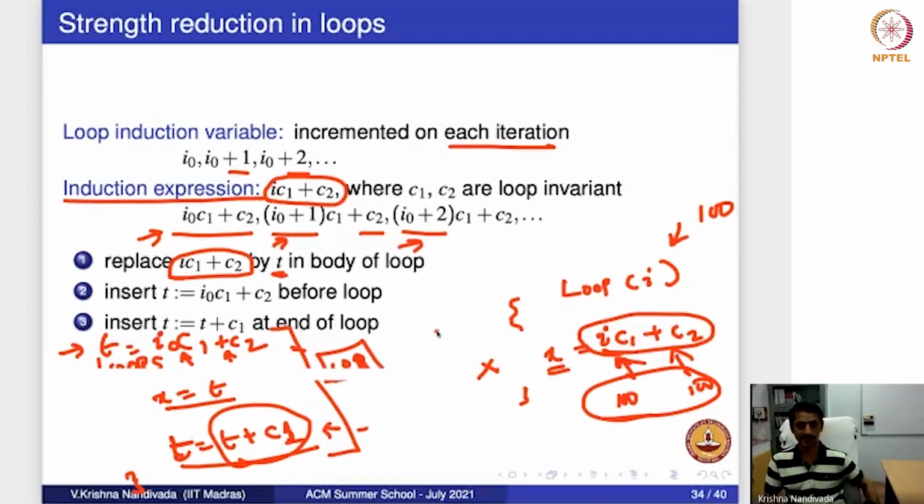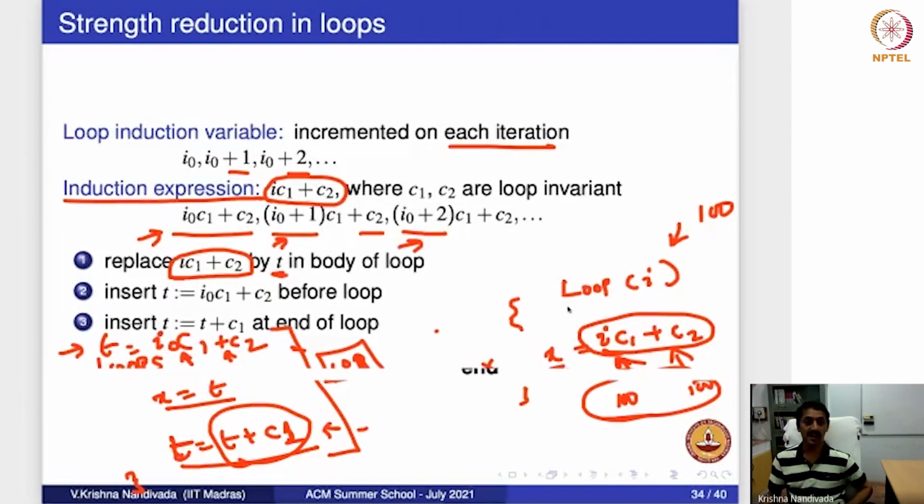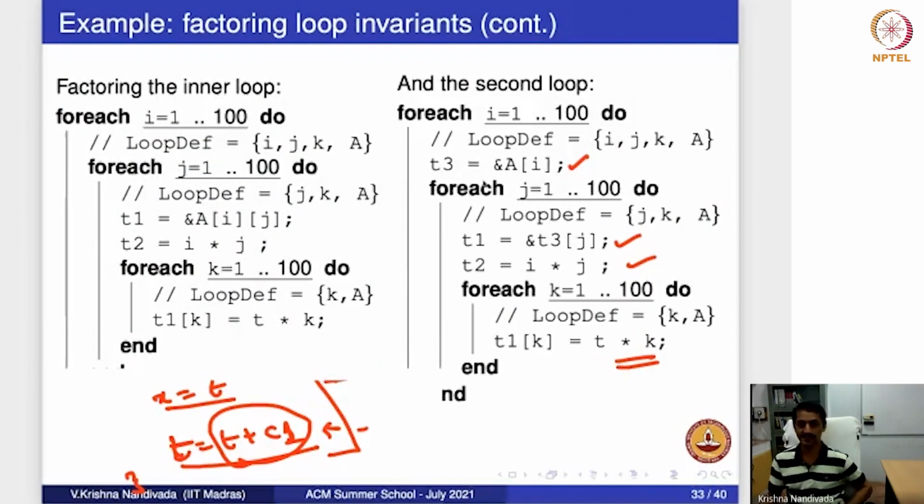Fine. Let's continue. So if we go back to this particular loop, do you see any code where I can do strength reduction? Do I have any induction expressions that we talked about? Just look at this loop.